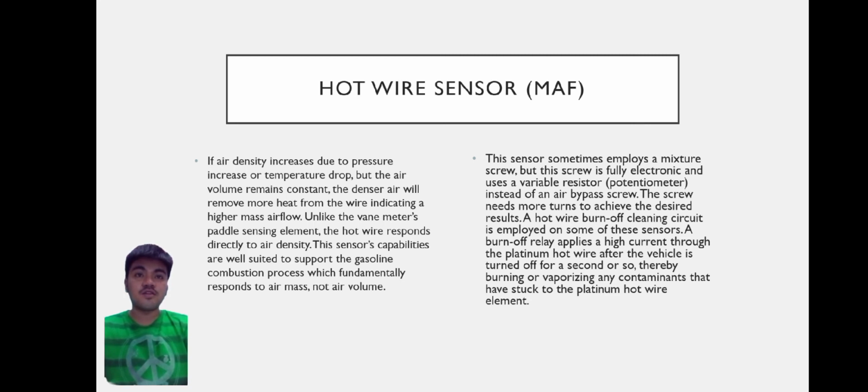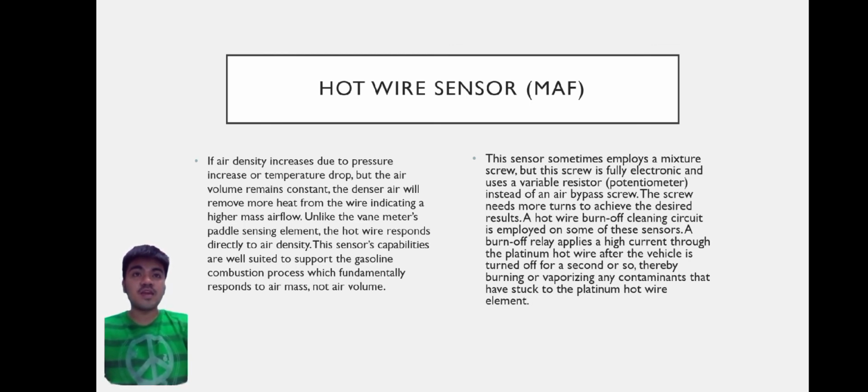A hot wire burn-off cleaning circuit is employed on some of these sensors. A burn-off relay applies a high current through the platinum hot wire after the vehicle is turned off for a second or so, thereby burning or vaporizing any contaminants that have stuck to the platinum hot wire element.